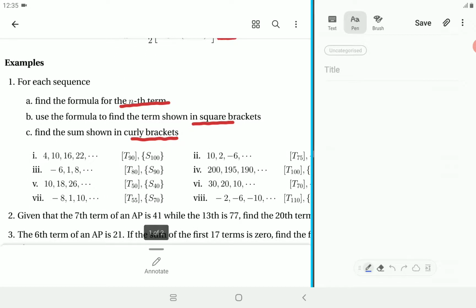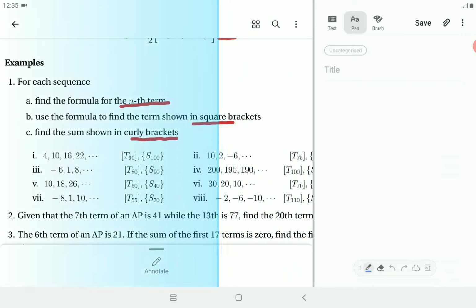We are going to do the first two, and then we're going to give you the opportunity to try the last two. Right, so let's get going.